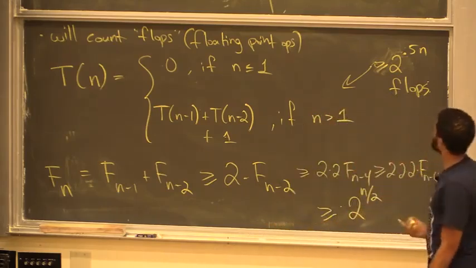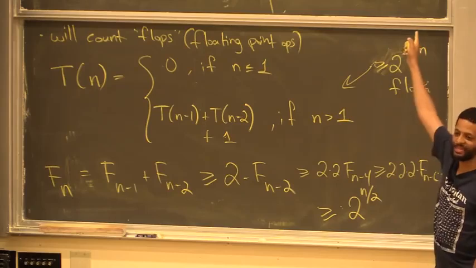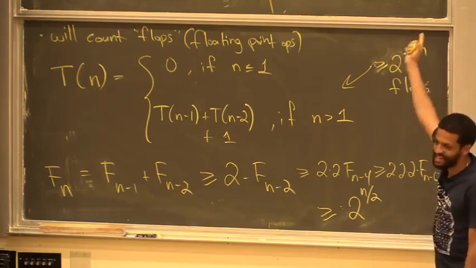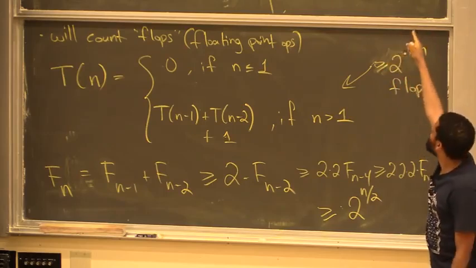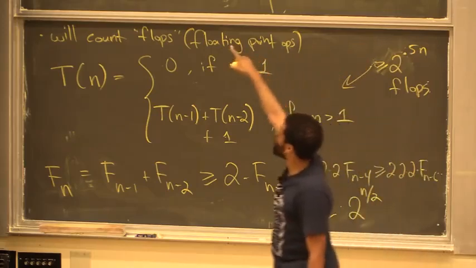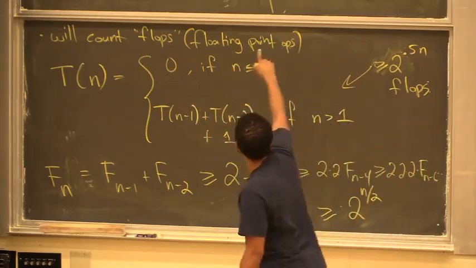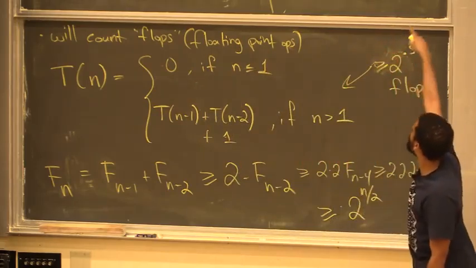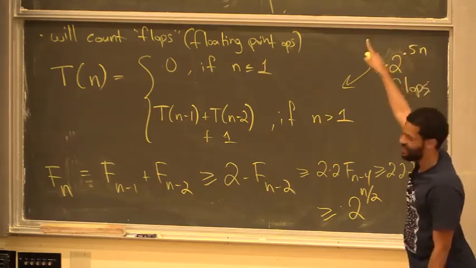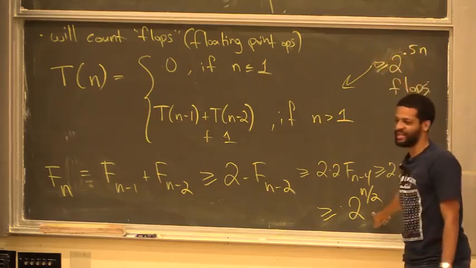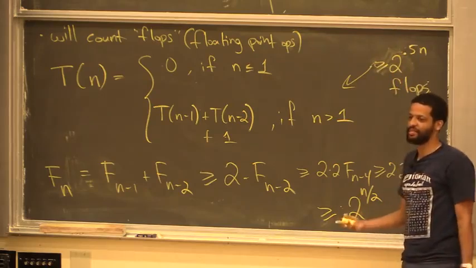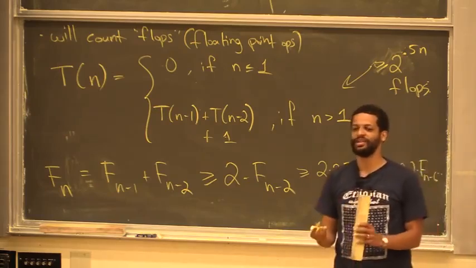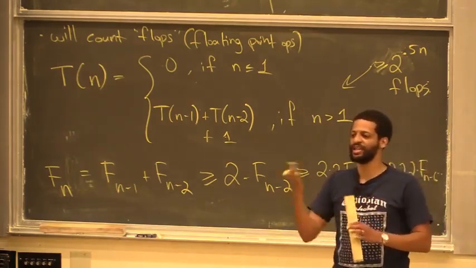The easy way to see that is, we saw what the exact formula is. The nth Fibonacci number is exactly that, and phi is some number, like 1 plus square root 5 over 2. So the nth Fibonacci number is certainly at most, you can even drop the psi to the n, phi to the n, and it's at least root 2 to the n. Phi is just some number. It doesn't depend on n. Either way, what we see is that the nth Fibonacci number is basically growing exponentially with n.